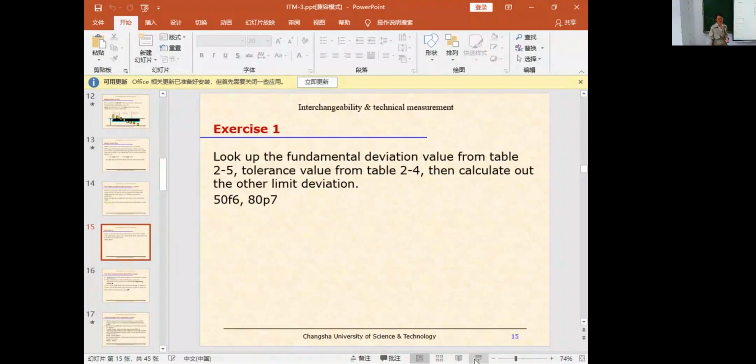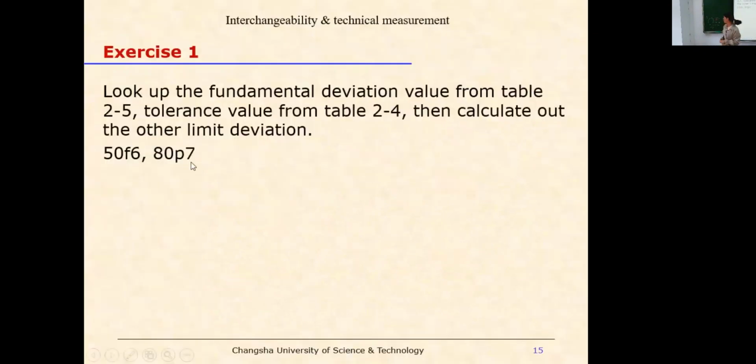This one is also for the shaft. This is P, sorry. P. T7.